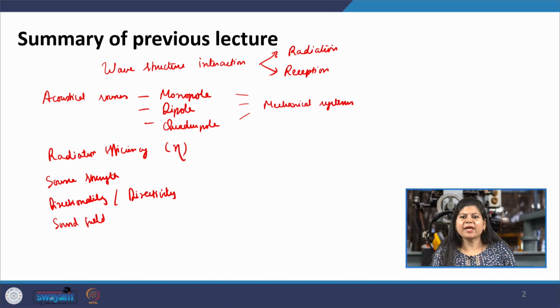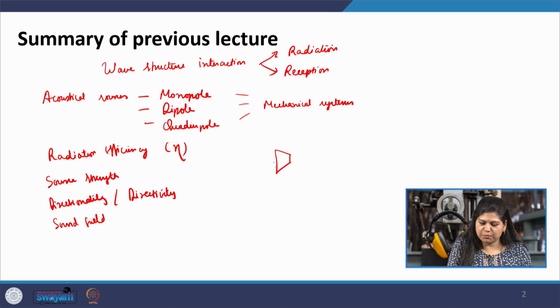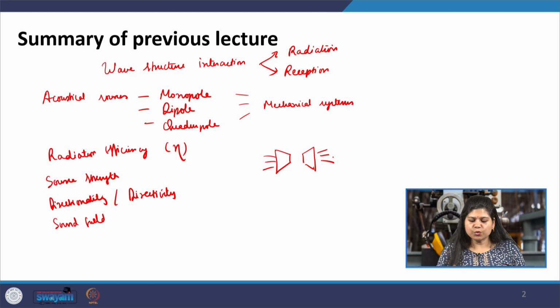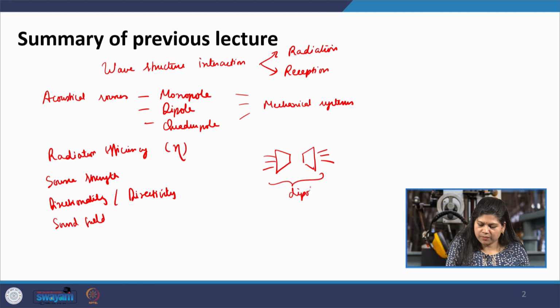One simple exercise: suppose you have two unboxed speakers and you place them one behind the other, placed opposite to each other. They behave like an acoustic dipole, because these are like two monopoles.